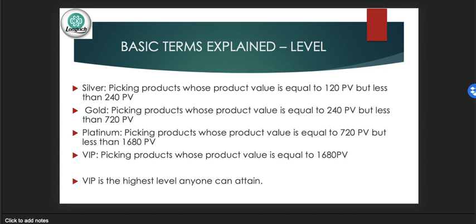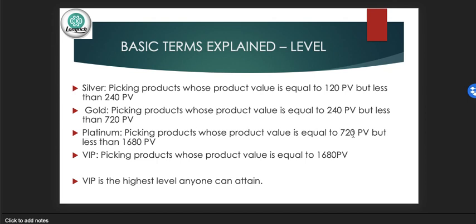Q Silver. The next thing is Silver. This is also like by picking products whose product value is equal to 120 but less than 240. If you are within 120 and 240, you are Silver. For Gold, from 240 but less than 720, you are a Gold member.